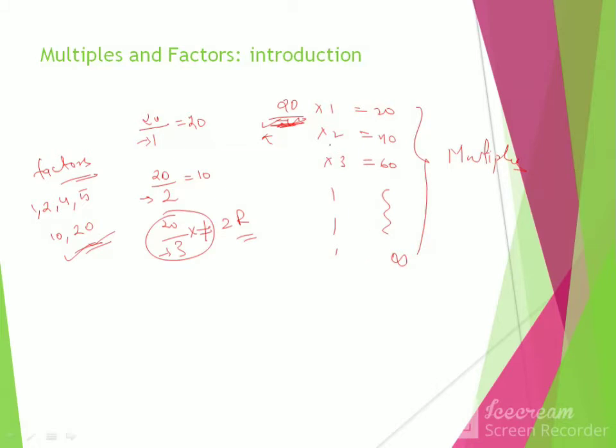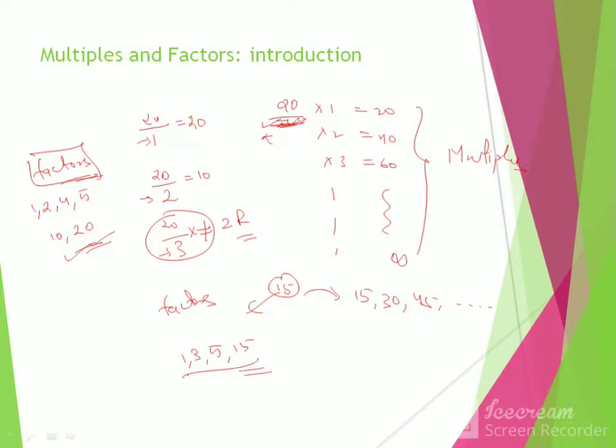So remember, if we multiply a given number with natural numbers, we will be getting multiples, and if we check with a natural number whether it is dividing or not, we will be getting the factors. So if we take another number as 15, then 15 multiples will be 15, 30, 45 and so on, whereas 15 factors will be 1 will be a factor, 2 will not be a factor, 3 will be a factor, 4 will not be a factor, 5, 6, 7, 8, 9, 10, 11, 12, 13, 14, 15 will be the next factor.